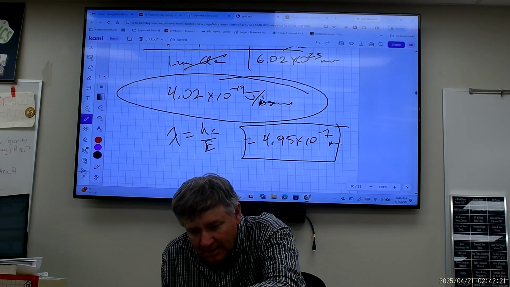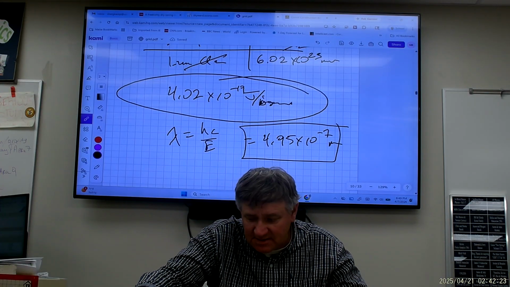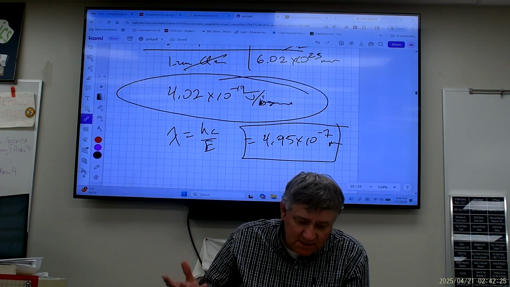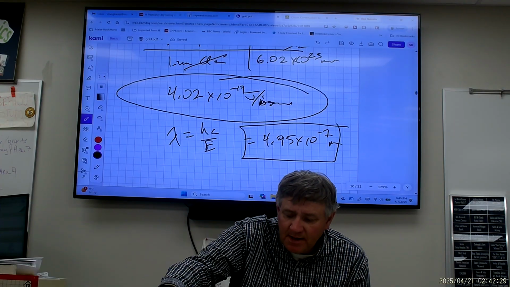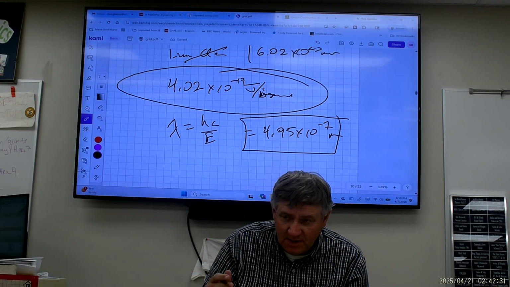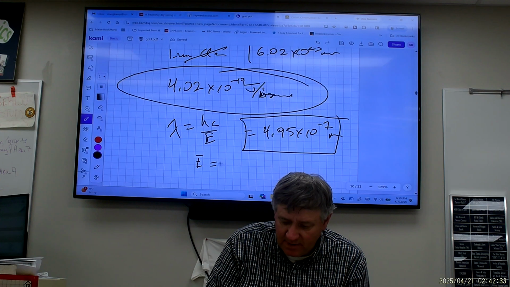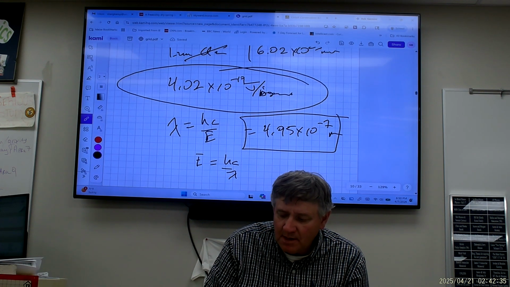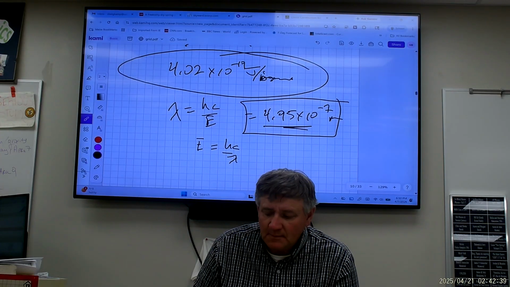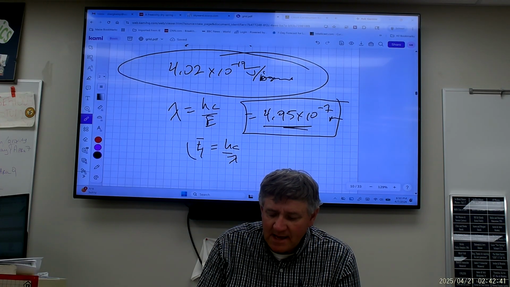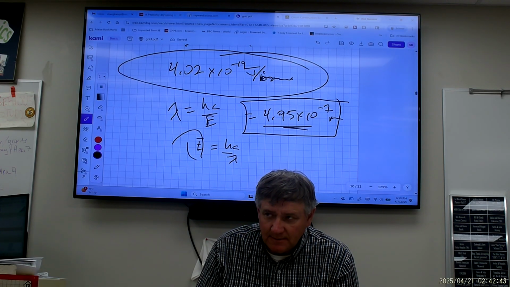Now, the beauty of this is, technically it says, what's the longest wavelength of light in meters? Now, here's the question. If you look at this relationship of E equaling hc over lambda, if you made that wavelength longer, would that still have enough energy? Why?